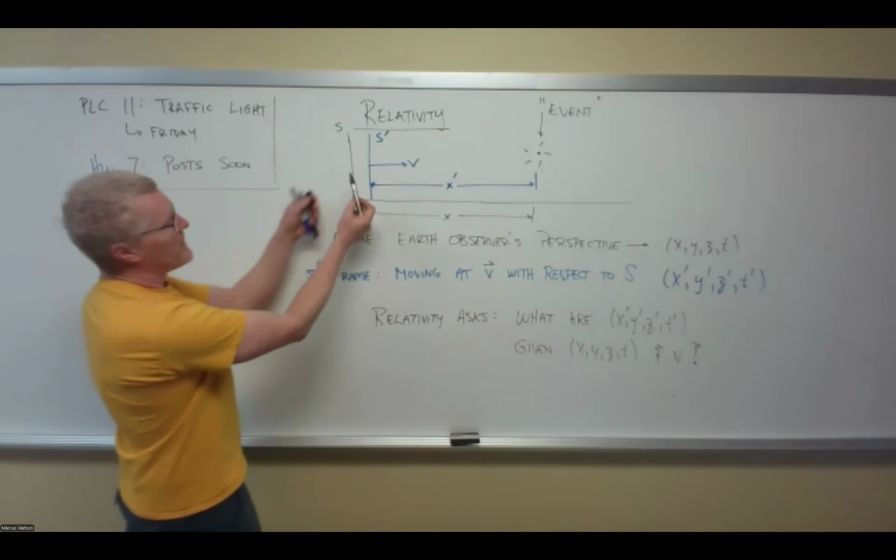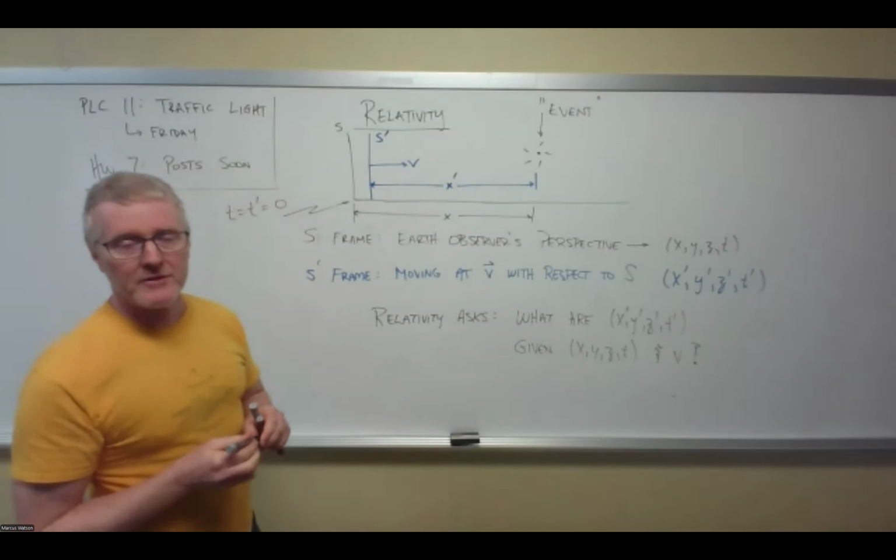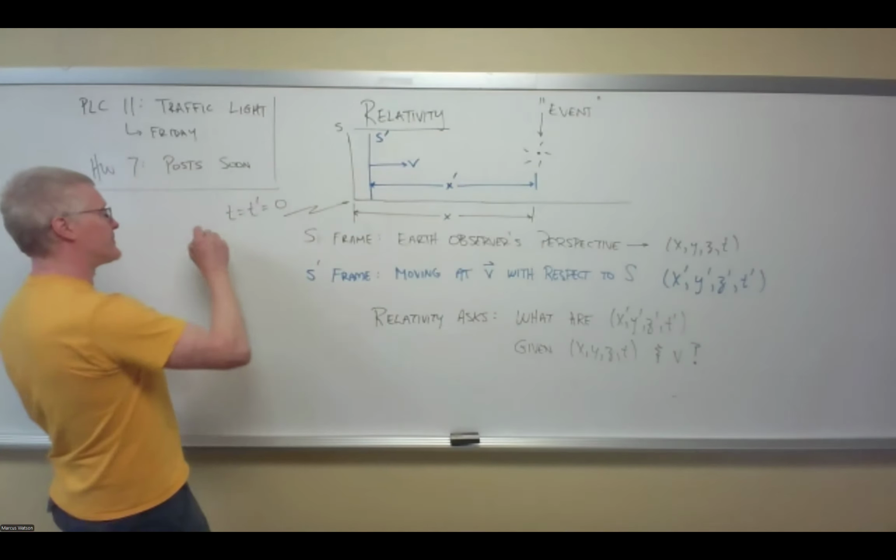They both agree that when our two origins coincide, we're going to push go, or we're going to push reset on our stopwatches, however you like to do it. Okay, so here we're going to say that t and t prime are 0 when the two origins coincide.